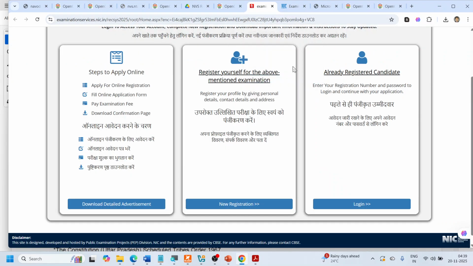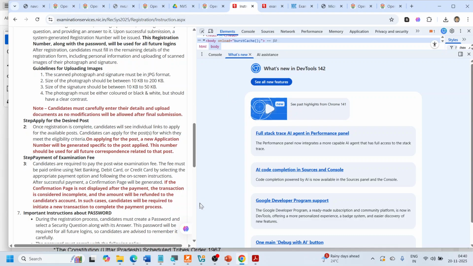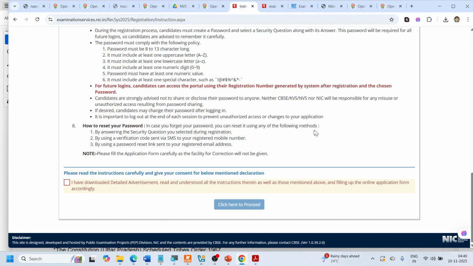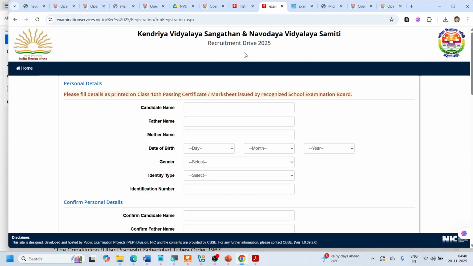When you apply for this one, what is this? If you have clicked on here and then click on proceed, you should get this one. This is what you're going to get. Last time I got something strange, but this is what you're going to get.